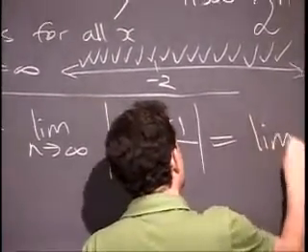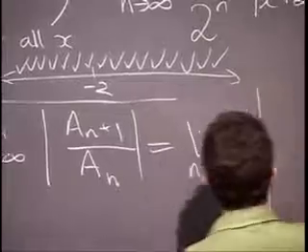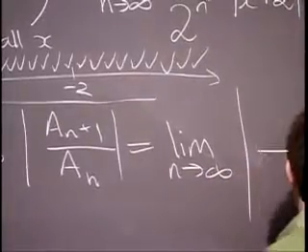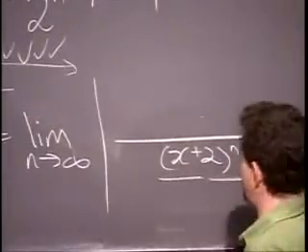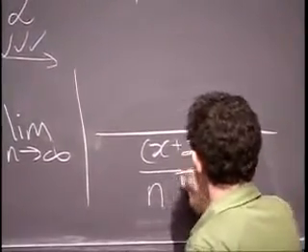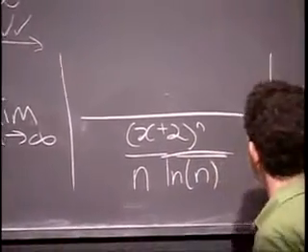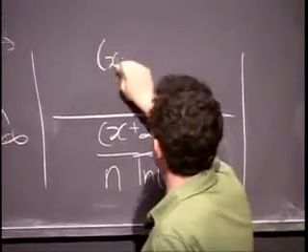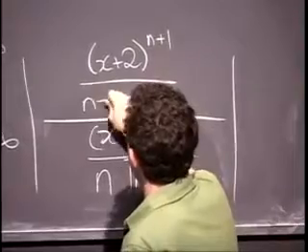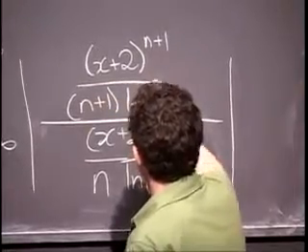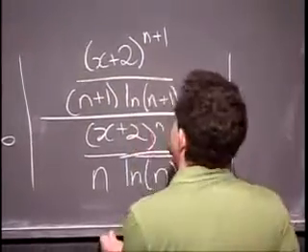And so too the next statement, which is just to copy on the bottom x plus 2 to the n over n log n, and then adjust on the top to x plus 2 to the n plus 1 over n plus 1 log n plus 1.